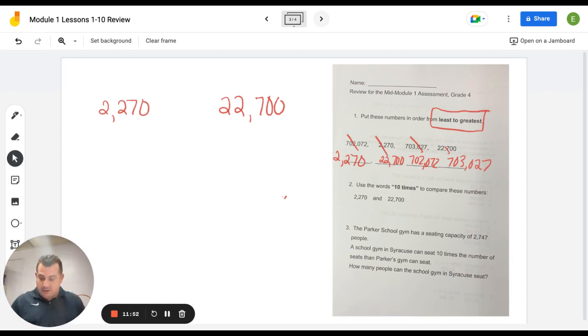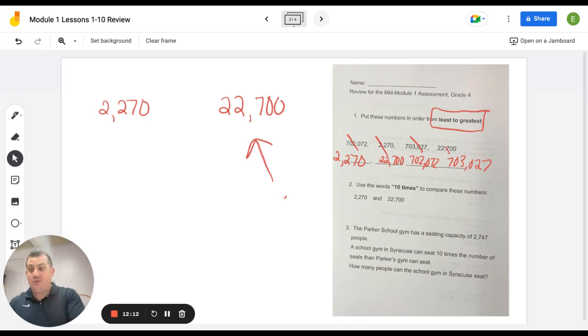So when we look here, we have 2, 2, 7, 0. The only thing that this number right here, 22,700, has is an extra 0, which means it's 10 times greater.